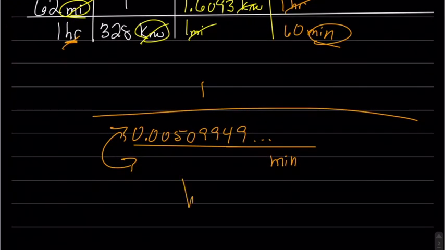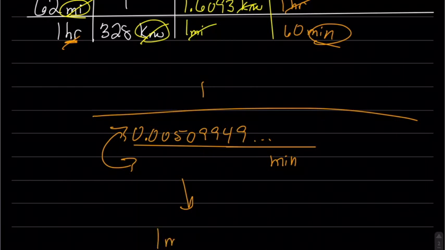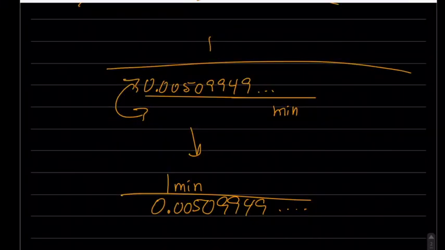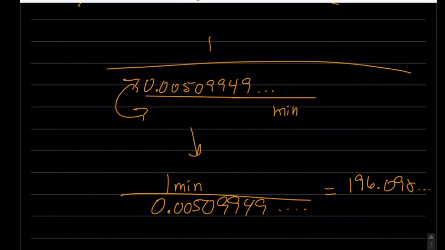So that gives me 1 minute over 0.00509949, etc. And when we divide, I got 196.098, etc. minutes.